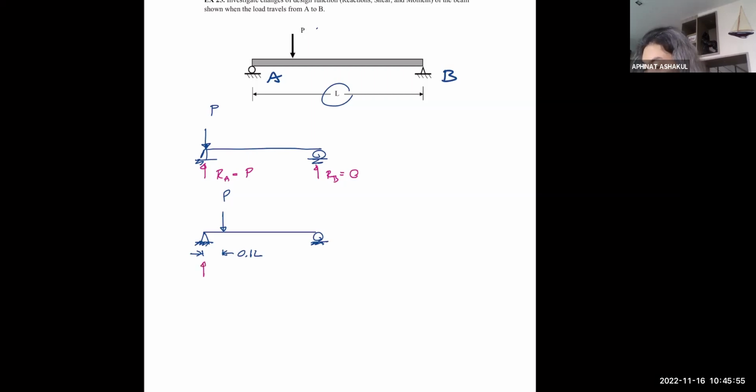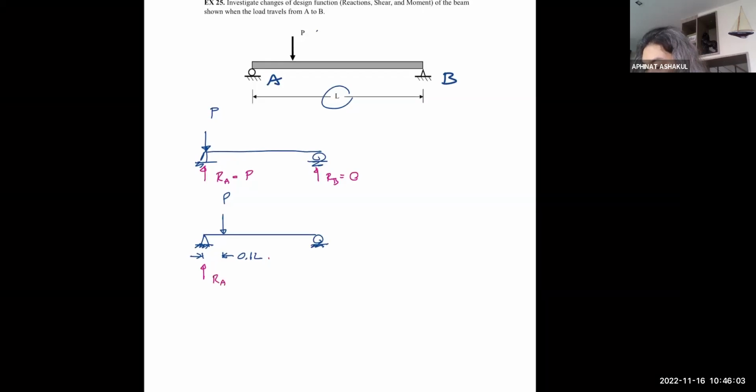Quickly, if that's 0.1, that's 0.9, right? Take moment at B, it's 0.9 P divided by L. So RA is now 0.9 P. You see, the load moves, the reaction changes. And now RB will be equal to 0.1 P, right?